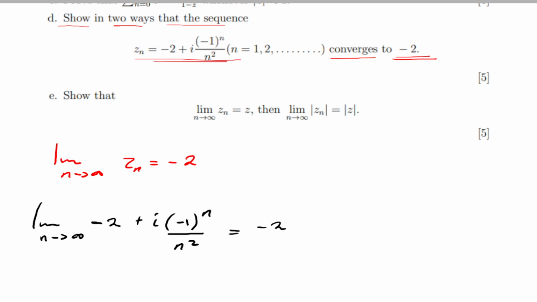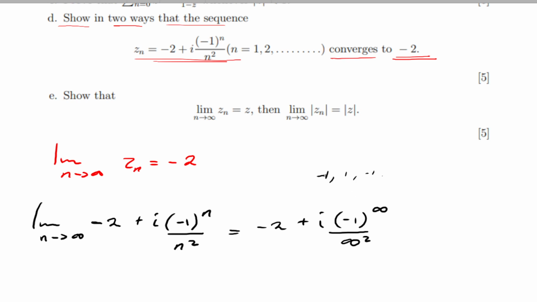So we have -2 plus i times (-1) to the power infinity over infinity squared. We'll see (-1) to the power infinity will be alternating between -1 and +1, -1 and +1. So this one clearly makes this sequence diverge.